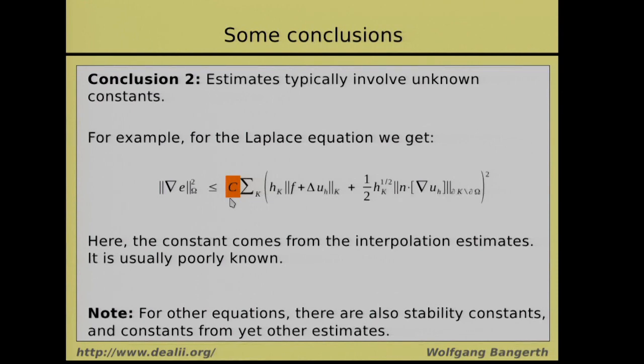Let's say the smallest and the largest interior angle of the worst cell in the mesh. And there is a very, very long paper, very technical, by Carsten Carstensen from, I don't know, the late 90s, I think, in which he really tries to estimate this constant accurately. Very technical. And he comes up with an estimate, I think, on the order of 60.